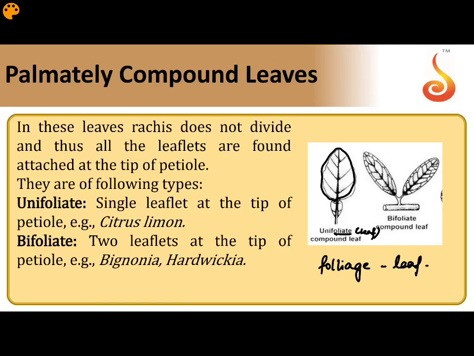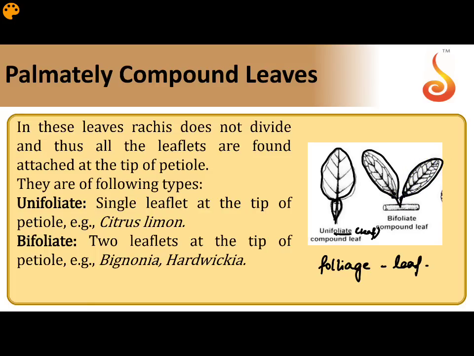So a single leaflet from the tip of the petiole. This is our petiole, understand it. From the tip of the petiole is a unifoliate leaf, but it is a palmately unifoliate leaf. On the same lines, if I have 2 of them, 1 and 2, what do I call it?